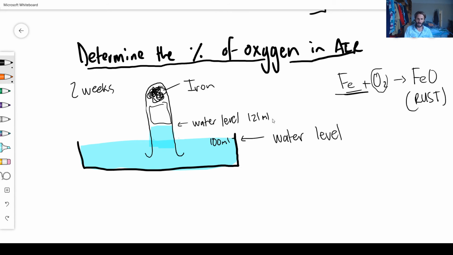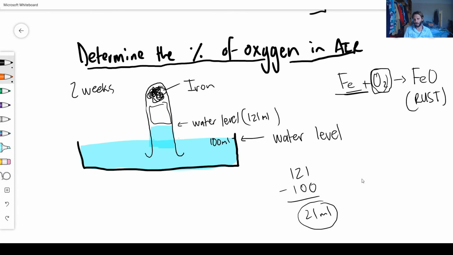How much space was taken up? 121 minus 100 gives 21 milliliters. This number is how much space was occupied by that oxygen.